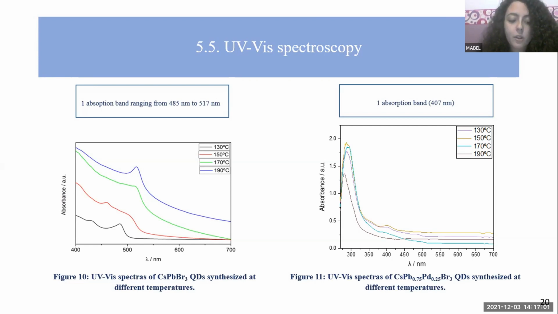In regard to the doped samples, there is one single absorption band at around 407 nanometers, which is blue shifted compared with the ones obtained for the undoped samples. We can also see the same effect with temperature as in the case of the undoped samples.